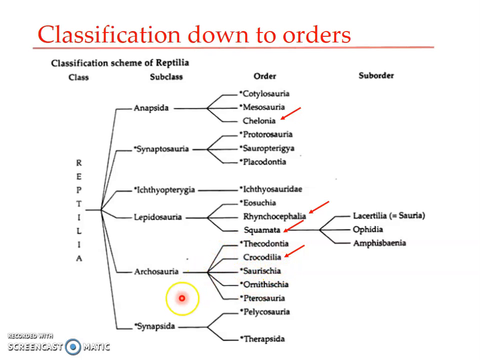The Thecodontia, Saurischia, Ornithischia, and Pterosauria are all extinct forms. The Thecodontia include carnivorous forms like Euparkeria and aquatic forms like Phytosaurus. So these are actually related to the dinosaurs.